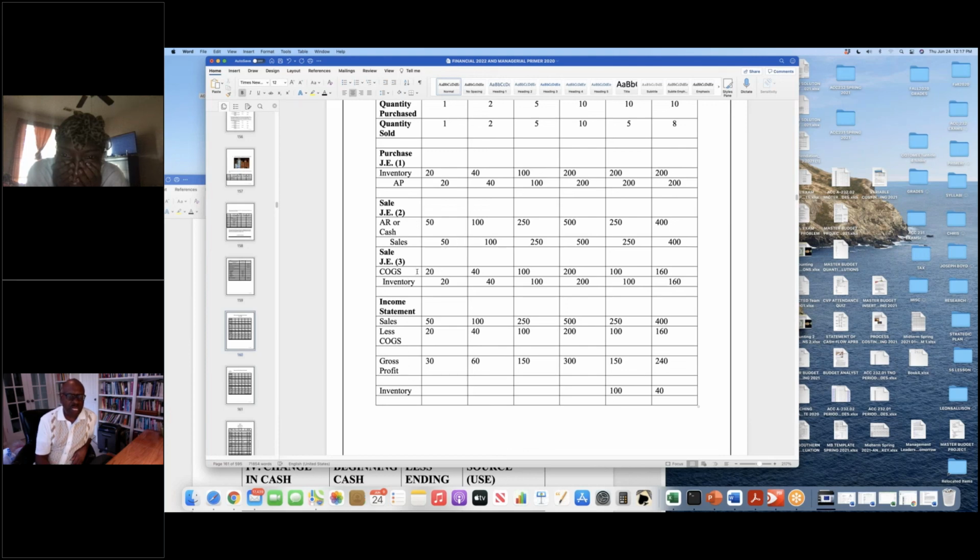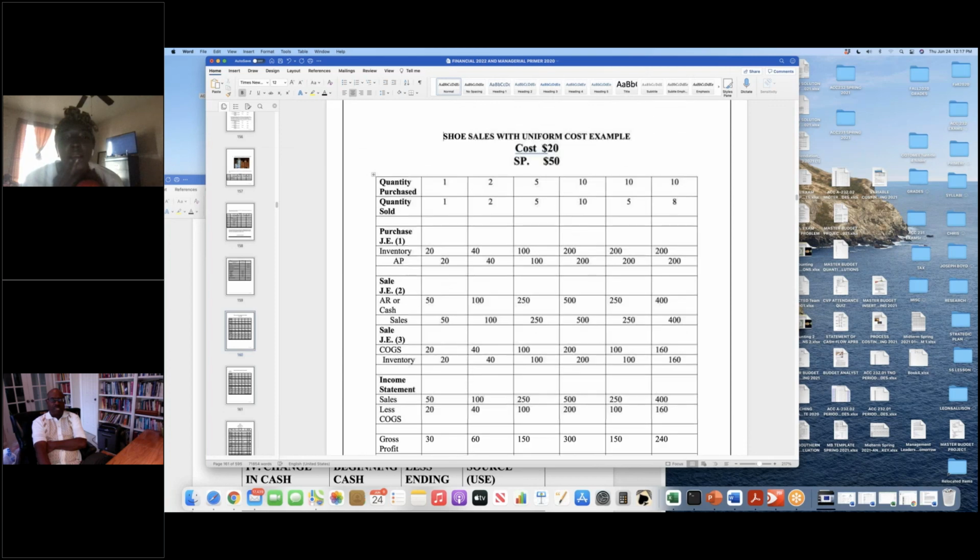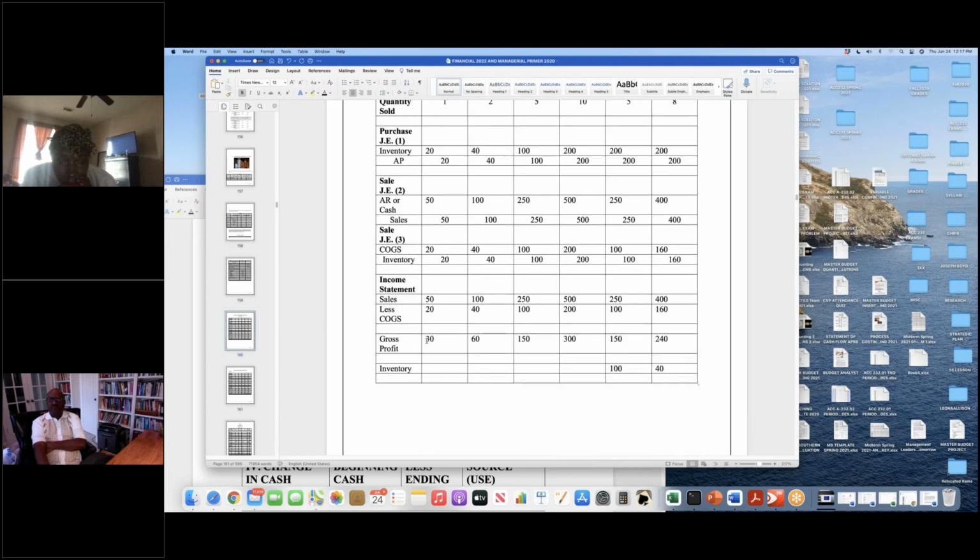Then you debit cost of goods sold and credit inventory. Because what you're looking at is how much money did I make when I sell the shoes? So if I sold 1 pair of shoes, it cost me 20, and I sold it for 50, I made 30.